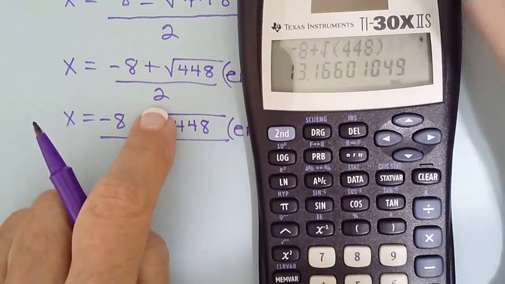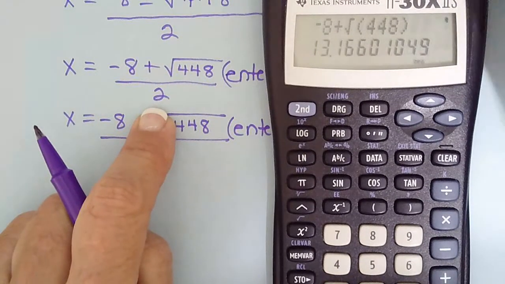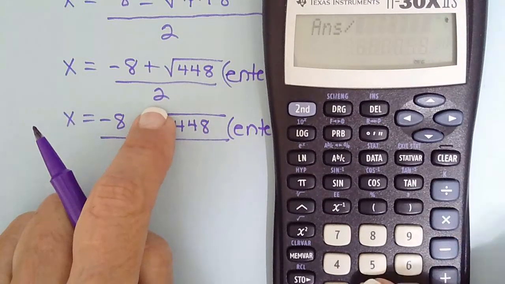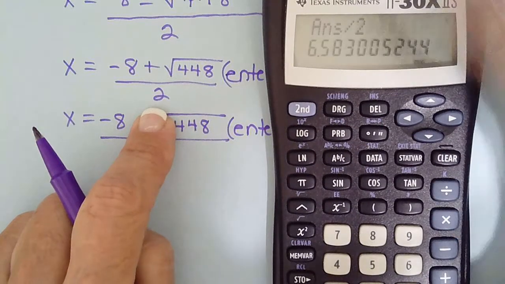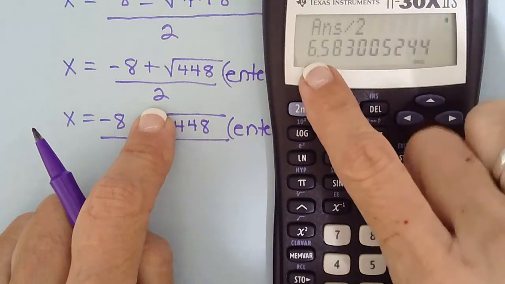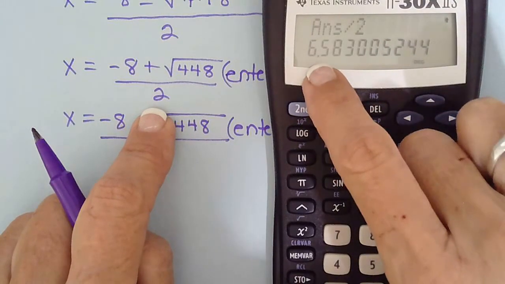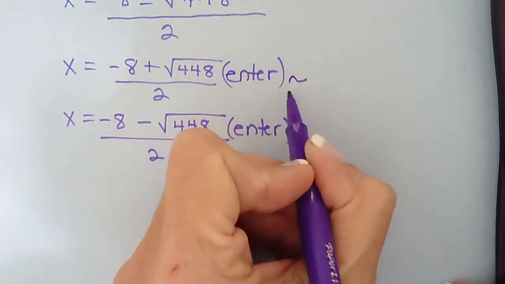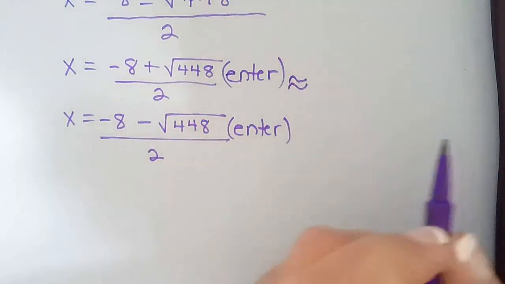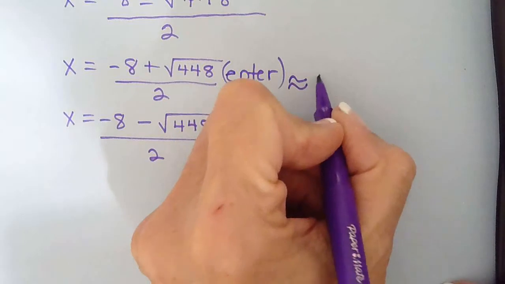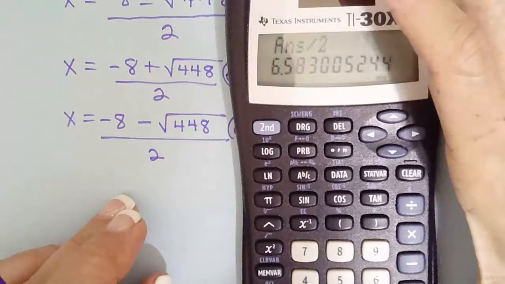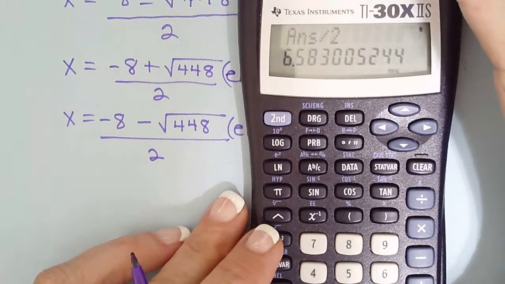And then after we hit enter, see how we've just done the numerator, then we divide by 2. So rounded to the nearest tenth, does everybody agree? That'd be 6.6. And it is approximated, so when you go to write it down, make sure and use your approximation symbol, 6.6.